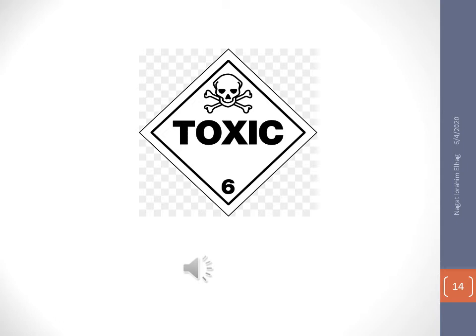Also by wearing a mask to avoid inhalation of that toxic powder, to protect your respiratory tract. So all these precautions will keep you safe and good in your lab.